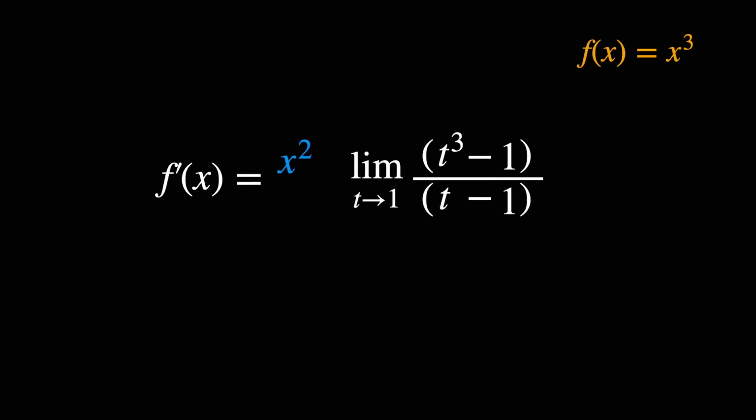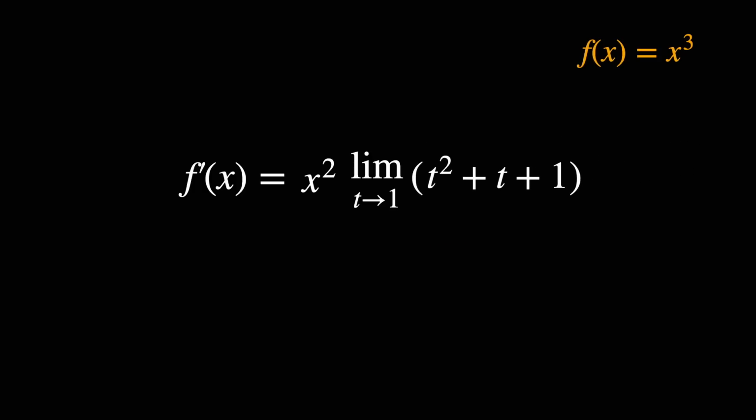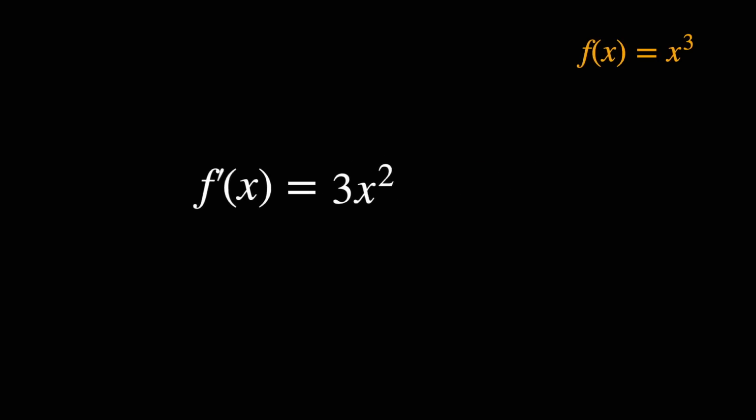This gives us the form of the derivative, x squared. All we have to do now is find out what the limit is to get the constant. Factoring, we use difference of cubes, cancel out a t minus 1, and we plug in t equals 1, finally arriving at our derivative 3x squared.